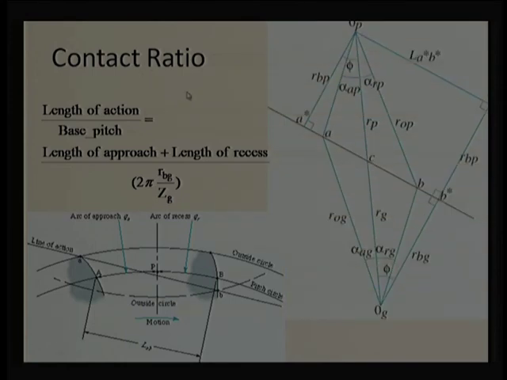To be on the safe side, we can draw this line sketch. Assume OP is the center of the pinion and OG is the center of the gear. Now, point C is the pitch point contact. There is a straight line in this case. We know the length of action will be at some angle with this, and A star is the point where the contact should start, and B star is the point where the contact should end.